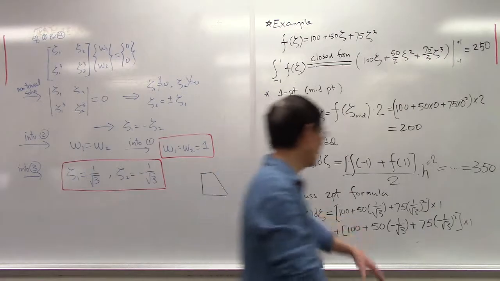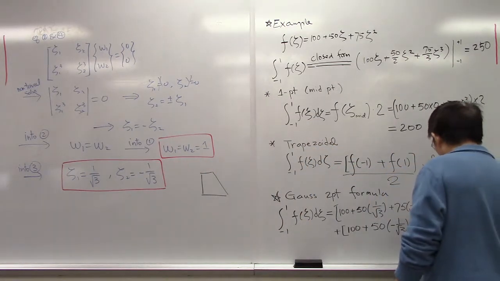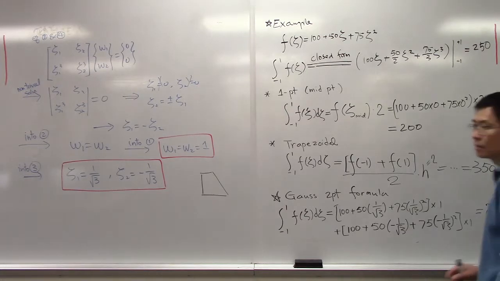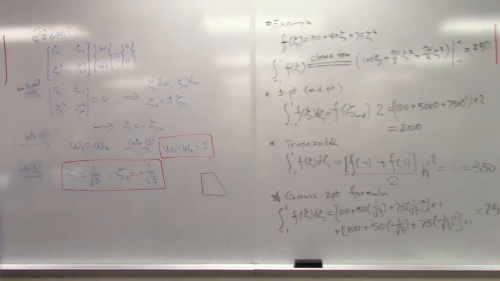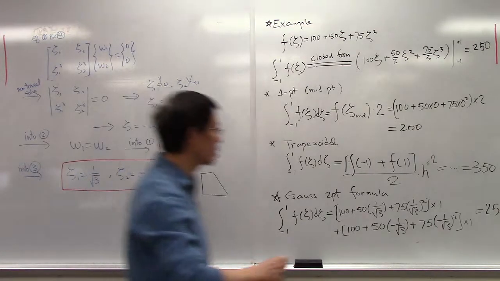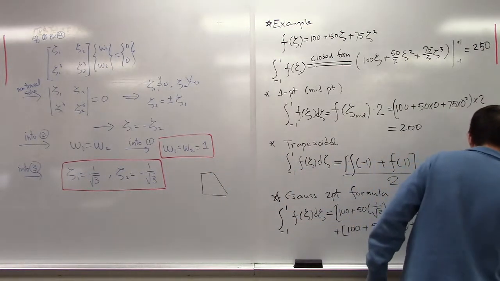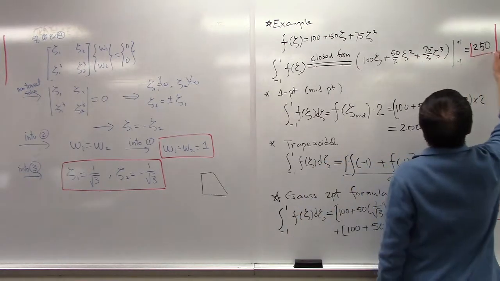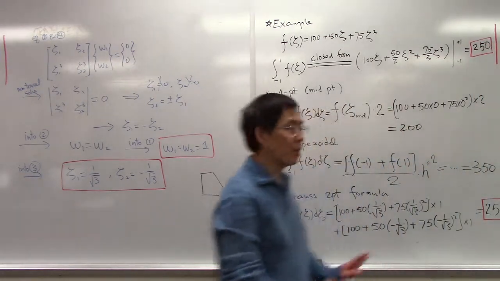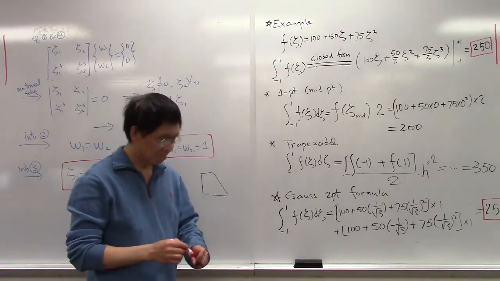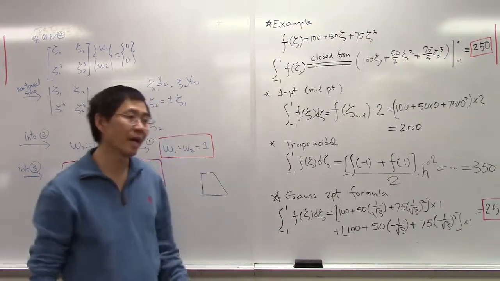Use your calculator, or you can even evaluate that by hand. It turns out to be exactly 250. 250 compared to that. So as promised, if the integrand is quadratic, it will be accurate.